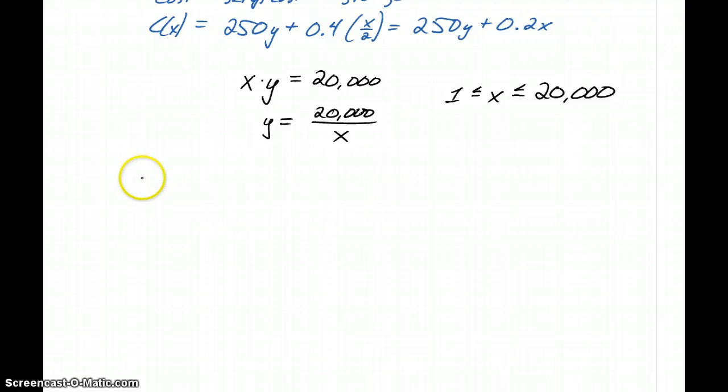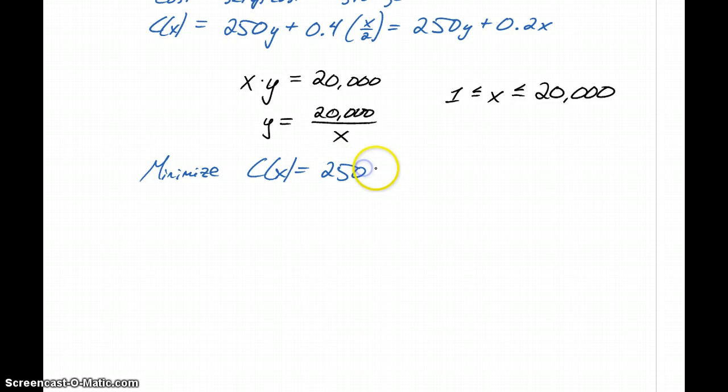So the problem that we're interested in this case is minimizing the cost, C of X, of 250 times 20,000 over x.